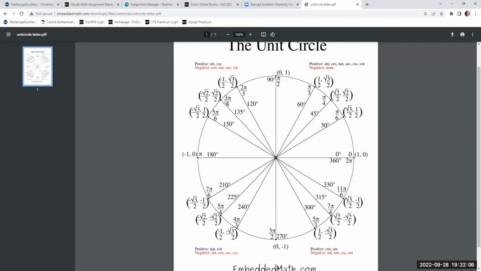We are at an angle of 3 pi over 4, and that is exactly the angle we want because we're going from 0 to pi, so it falls in the right range there. 3 pi over 4 is our output for cosine inverse.